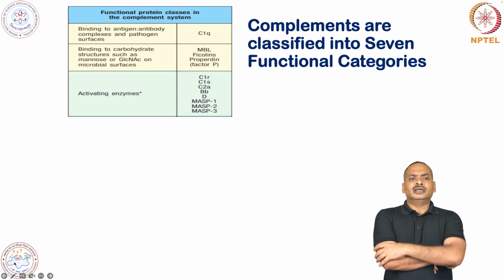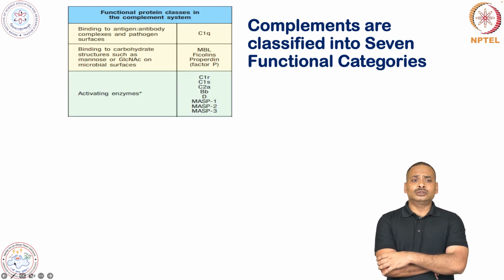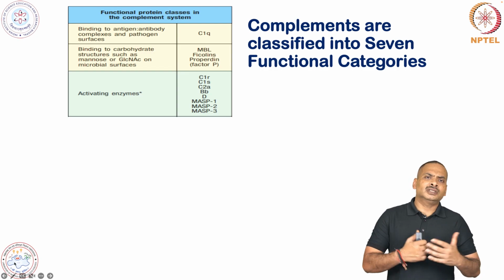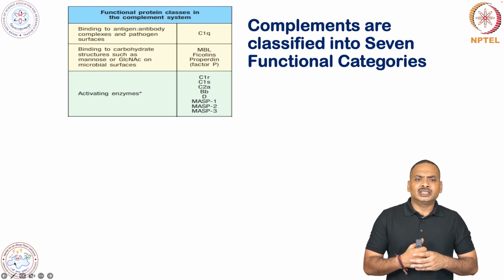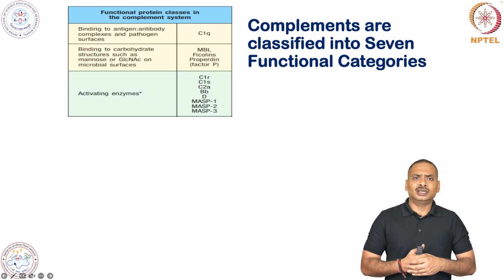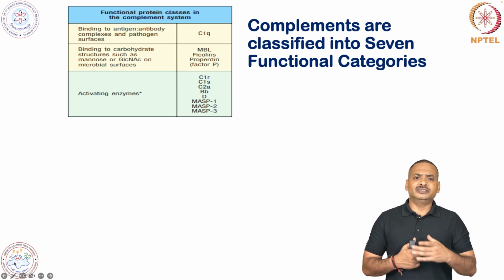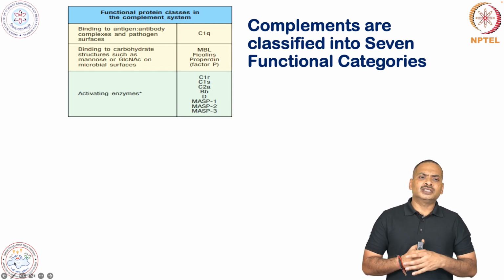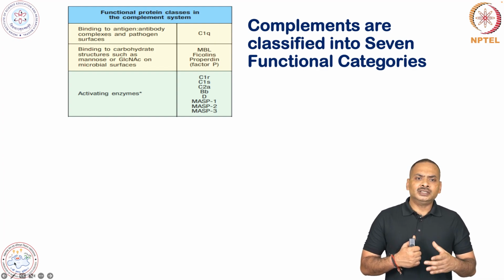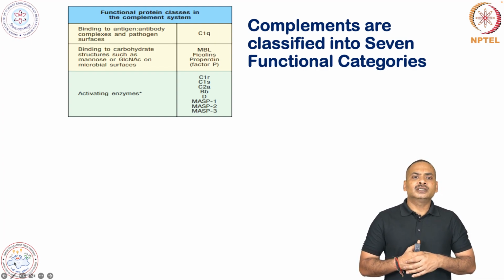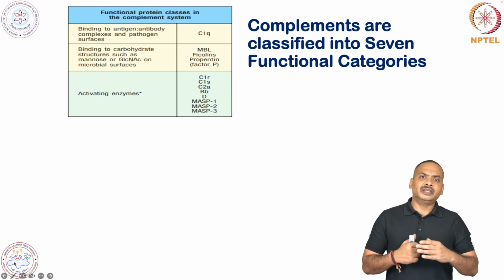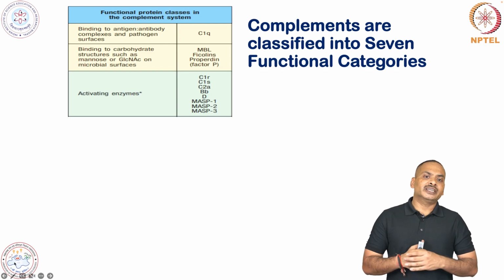Another is activating enzymes. So there are complements which activate the enzymatic activity, like C1r, C1s, C2a, Cb, capital B, small b, factor D, MASP1, MASP2, MASP3.